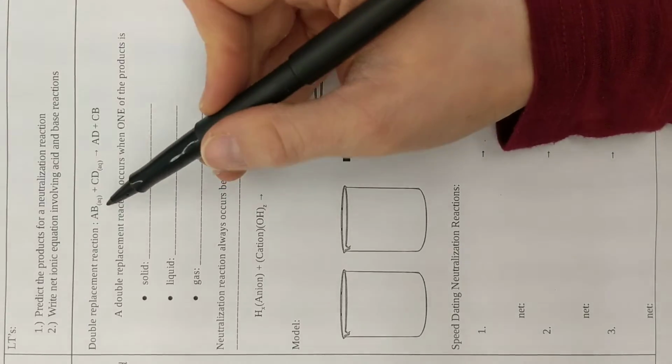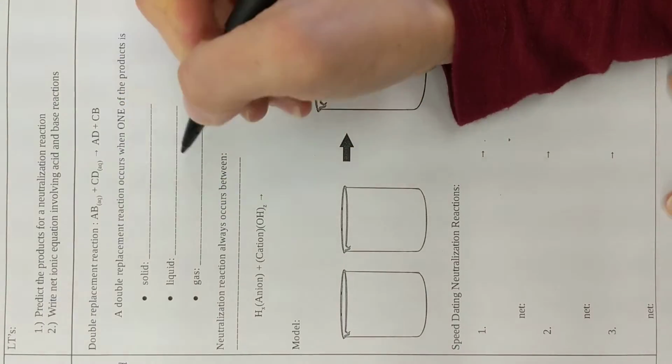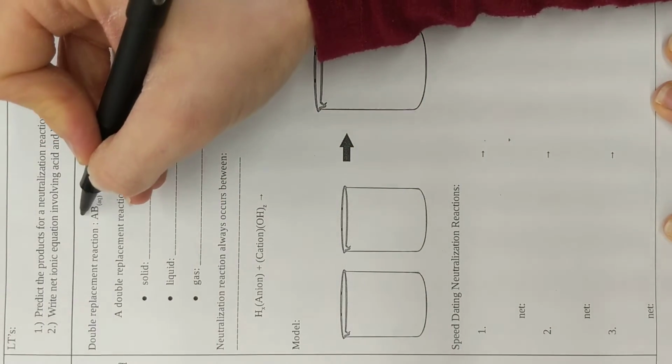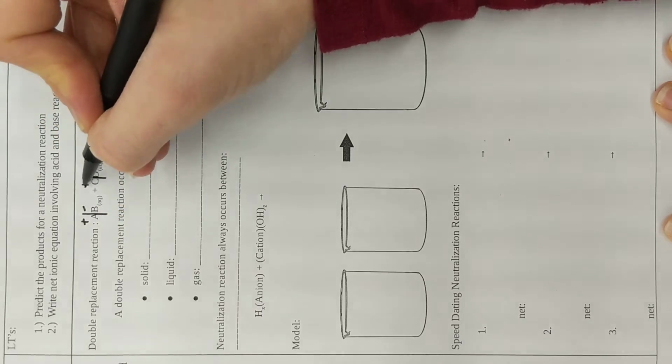A double replacement reaction occurs between two ionic solutes that have been dissolved in water, meaning that they will dissolve and dissociate. That's why they get the aqueous designation. An ionic solute always is comprised of two parts, a cation and an anion.